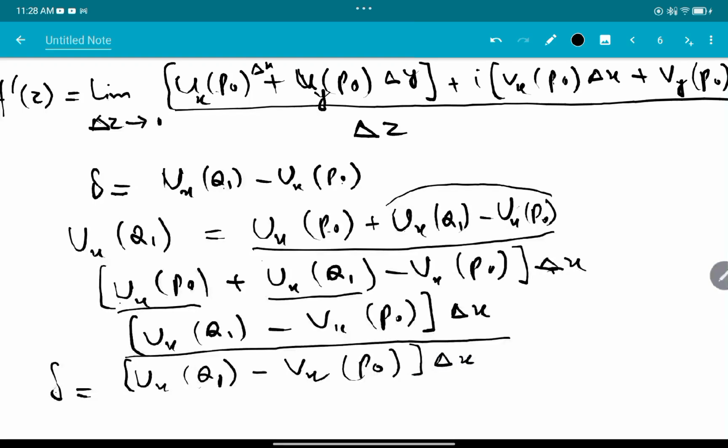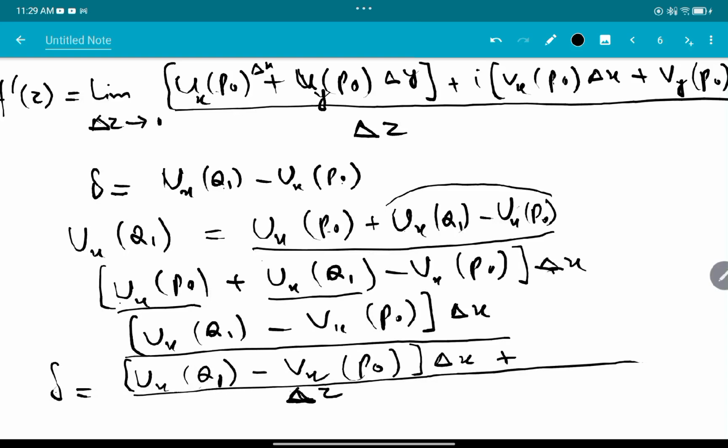Of course, it will also be divided by delta z. Yes, this is important because when you take this separate, you will have to take this delta z along with it. In fact, this delta z will be for all, associated with every part. Then you have another part. Let us go to this.